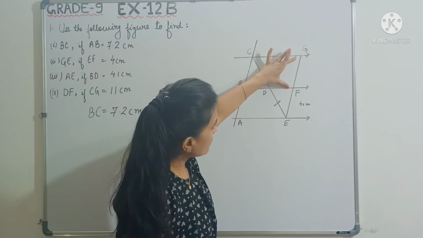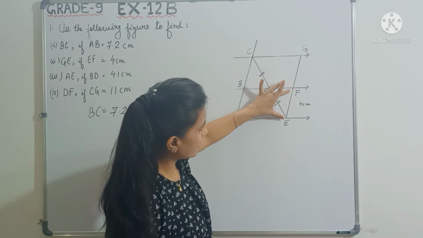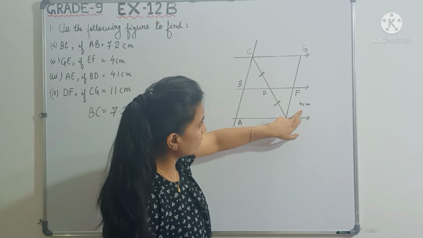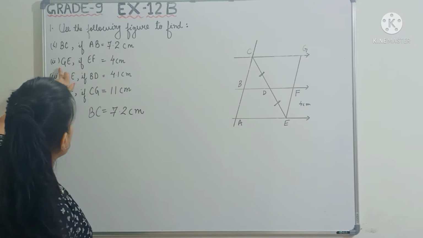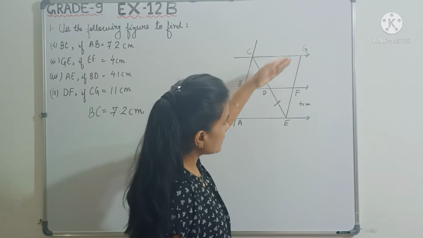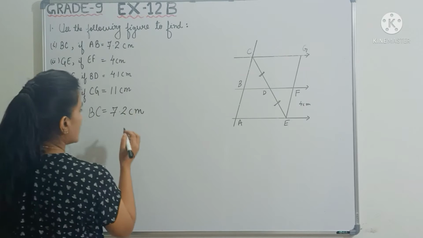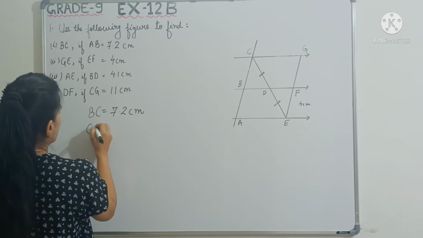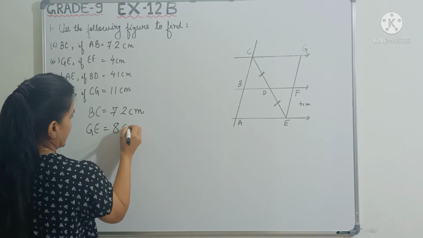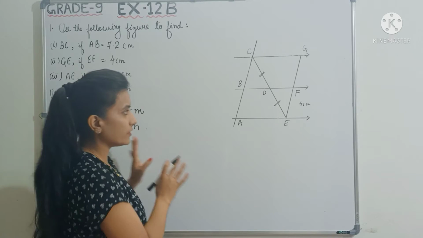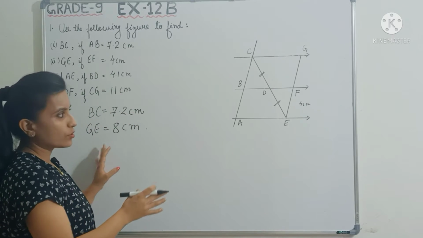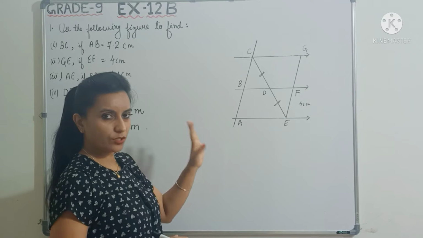So GF will be equal to FE, right? Now FE is 4 centimeter. So what do you have to calculate? GE. So GE will be double of this, which is 8 centimeter. So you can write down that GE is equal to 8 centimeter. I'm not writing everything here. It's a very simple question. So you can write down all those details yourself.